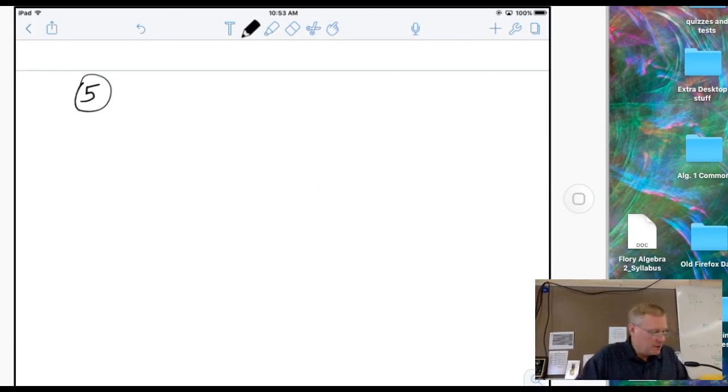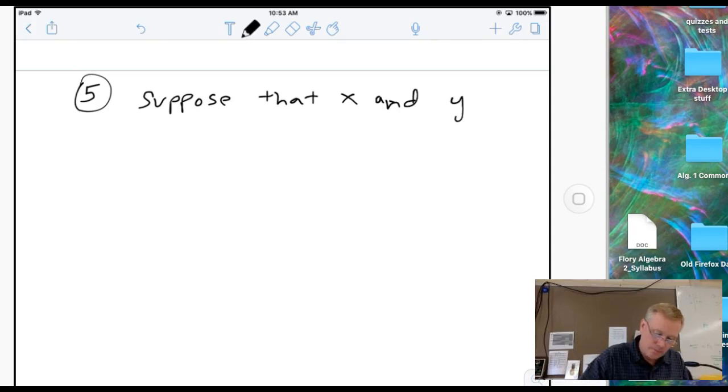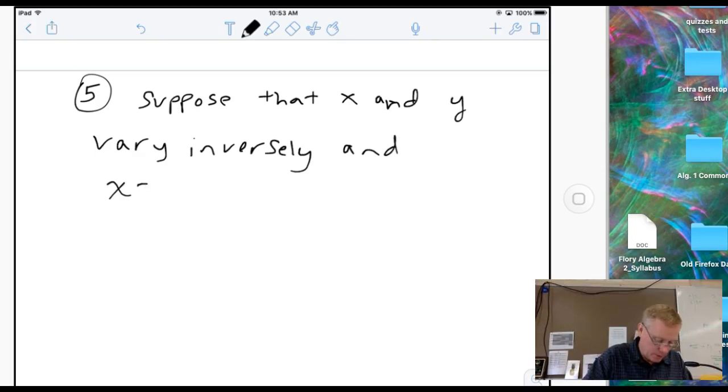Number 5. Suppose x and y vary inversely, and x equals 4 and y equals 12.